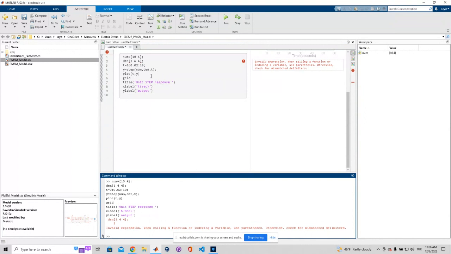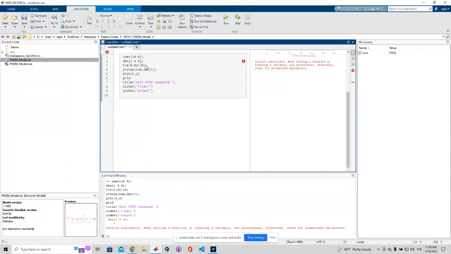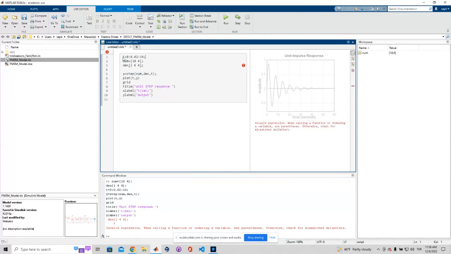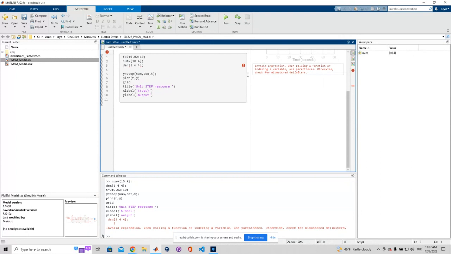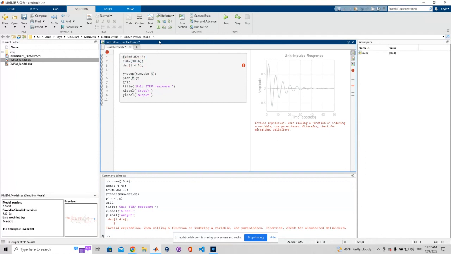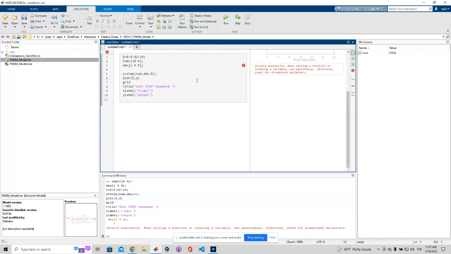Oh, we forgot the equals sign here, guys.